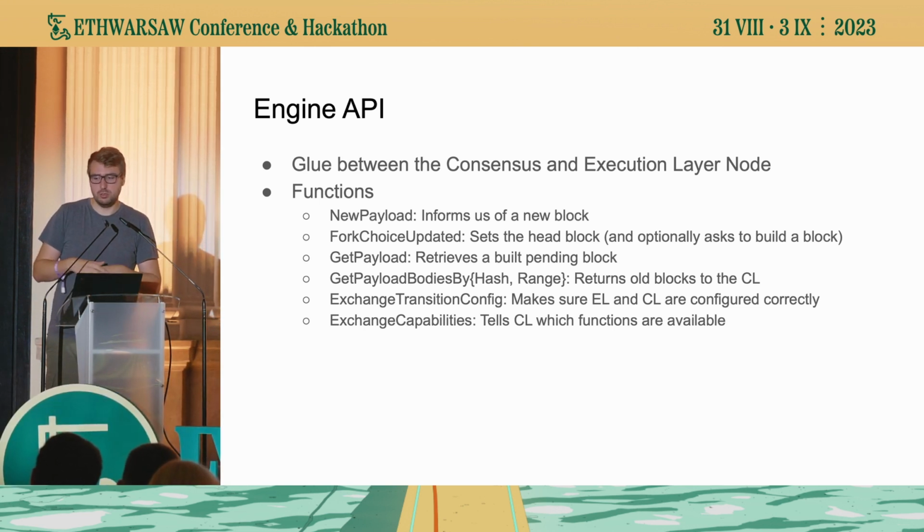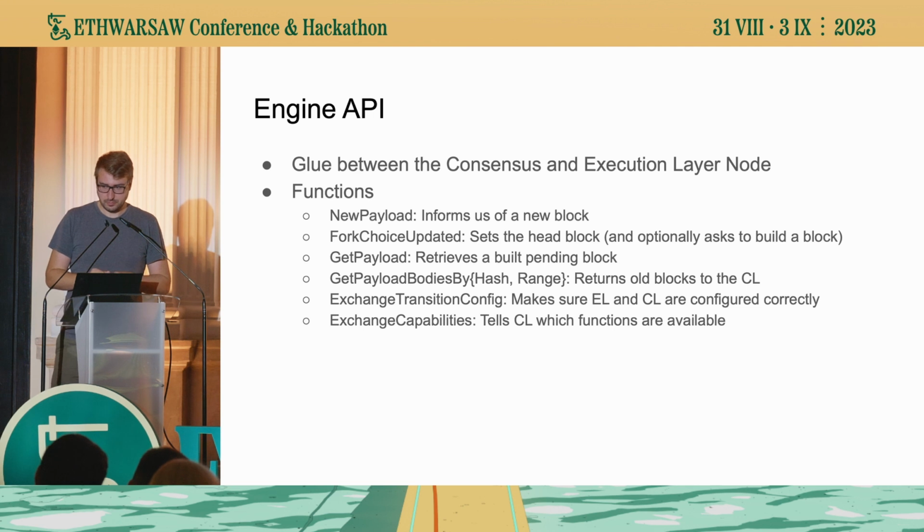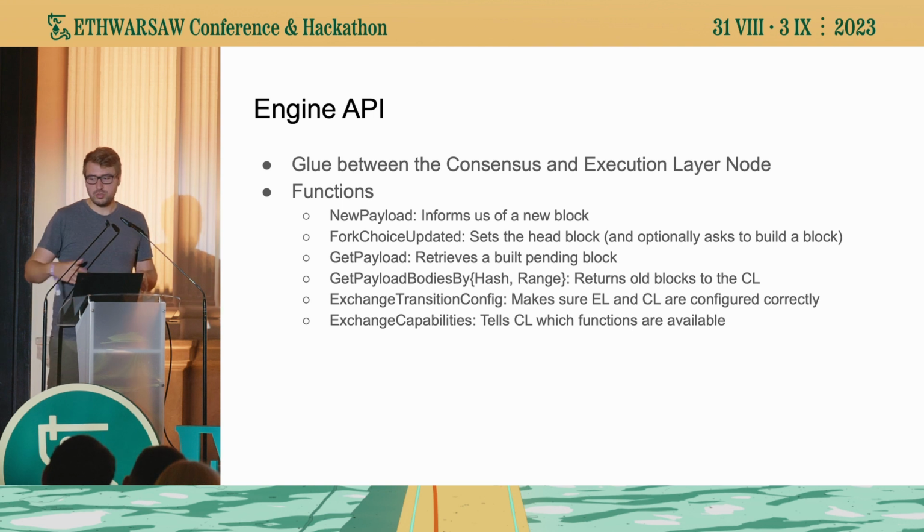We don't want this, so we need this method. Exchange transition configuration makes sure that the execution layer and the consensus layer are both configured correctly, and exchange capabilities tells the consensus layer which of those functions are available.